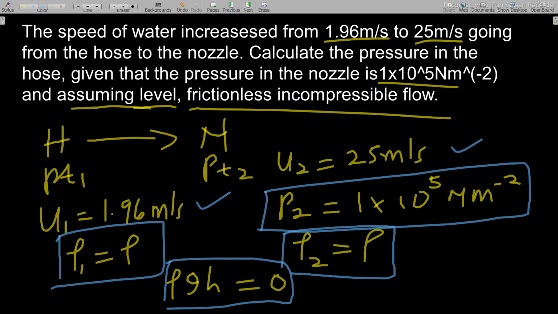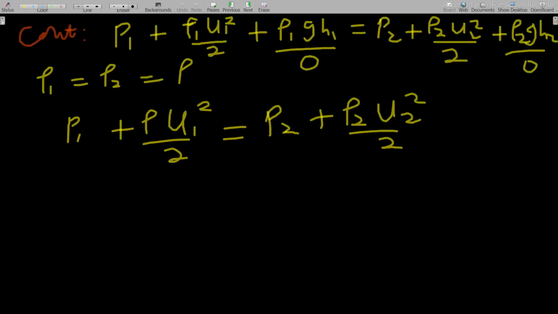So our P1, which we want to find, is equal to P2 plus ρ. Let me say something here: this ρ2 here is supposed to be ρ. Let me erase it. It's supposed to be ρ, like that.